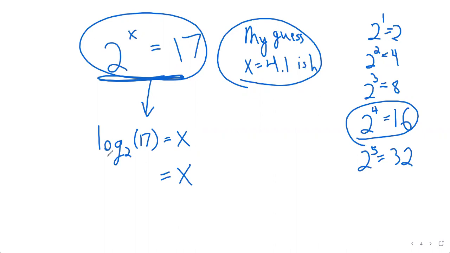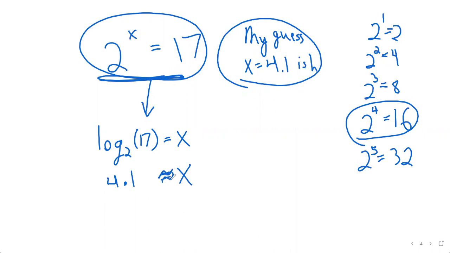We used to do these on slide rules, the way they used to do them. Nowadays, we just use a computer or a calculator to do them, log base 2 of 17. And there are some other ways to write that too, if you need to do a change of base. Anyway, if you do it in a calculator, my guess is pretty close. It's not quite 4.1, so I'll put a wiggly equal sign.